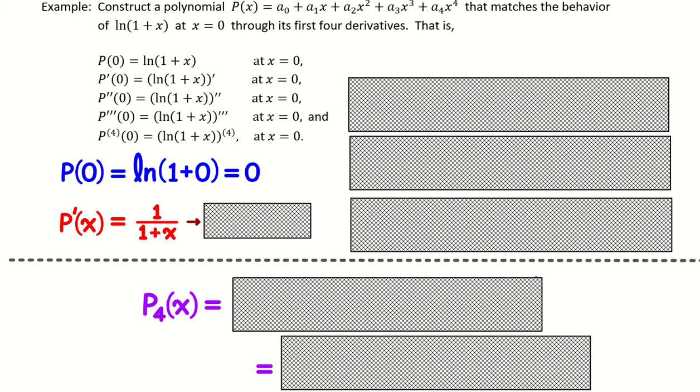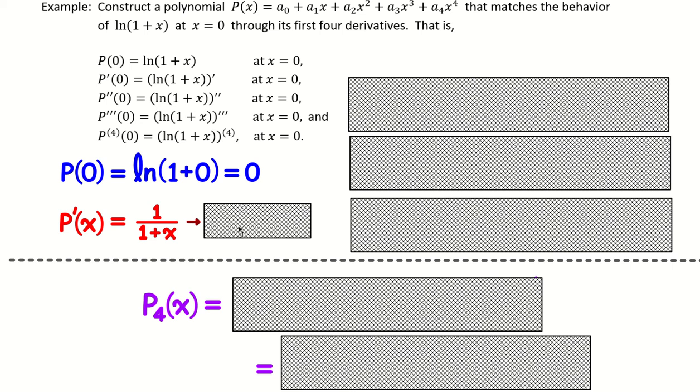And remember, technically there's a chain rule. We would tack on the derivative of the inside, but what's the derivative of 1 plus x? It's just 1. So multiplying by the derivative of the inside is not really going to do anything because it's just 1. So it's just 1 over 1 plus x, but technically there was a chain rule involved there.